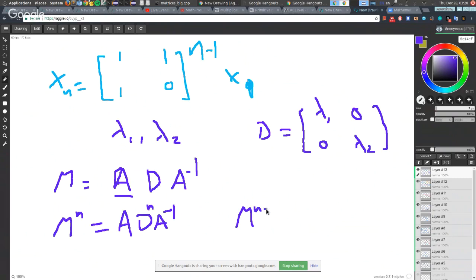So M to the power n plus 1 is equal to M to the power n times M, which is equal to A D to the power n A inverse times A D to the power 1.